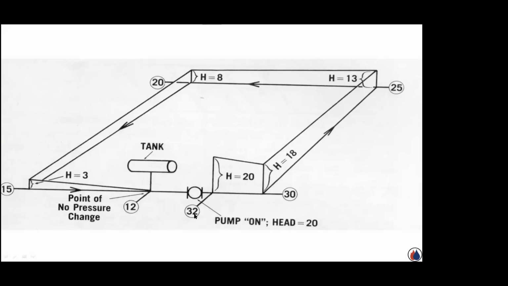So I'm registered on the gauge 12 plus 20, 32. My lowest is my 12 on the suction. So there's my motive force to move this water throughout this system. Now, obviously, that differential that I developed at the pump is reduced as it moves throughout the system. The reason being that frictional energy is eating up that pump head that the pump developed as the water moves throughout that whole circuit.